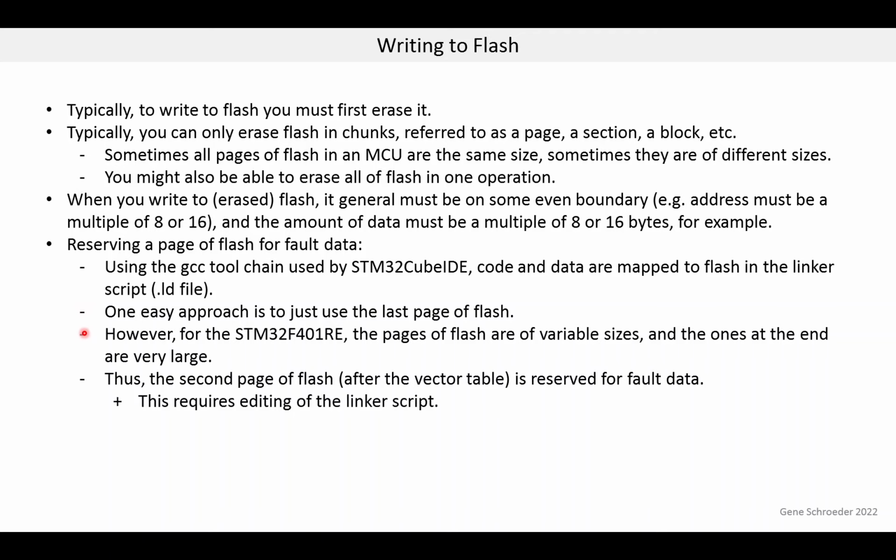However, for the MCU we're using, this one, the pages of Flash are of variable sizes, and the ones at the end are very large. So I don't want to reserve that last page because it's big. So what I do instead is I take the second page of Flash after the vector table and reserve it for fault data because that page is much smaller. Now this does require some editing of the linker script, and we'll see that.